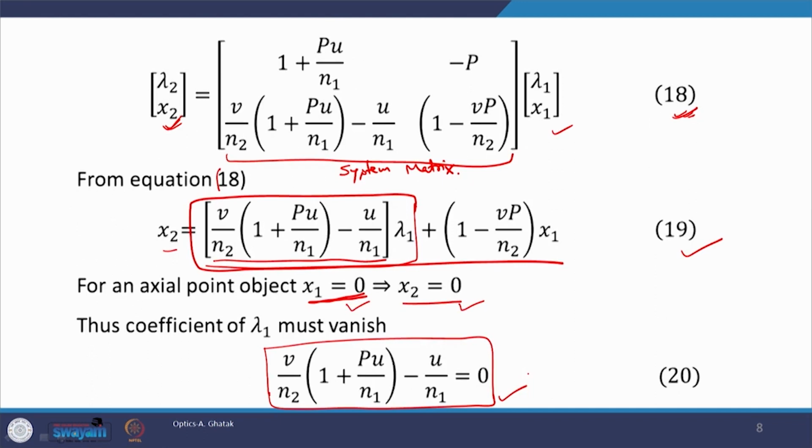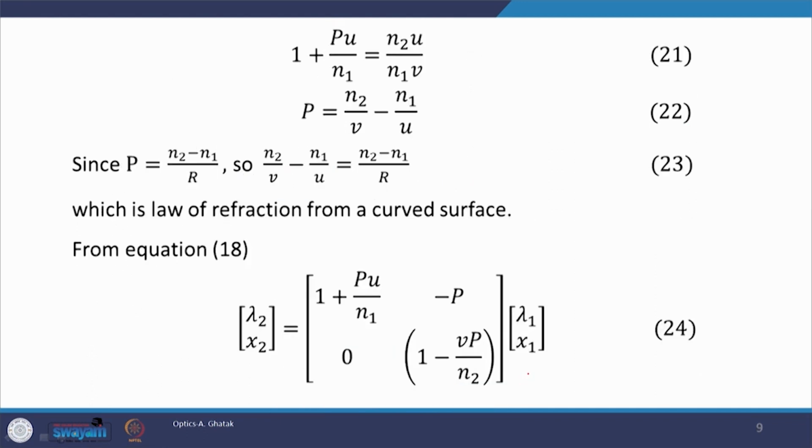Okay. And once this is given from equation 20, after some mathematics, we can get an expression of P, which is power of our refracting surface. Okay.